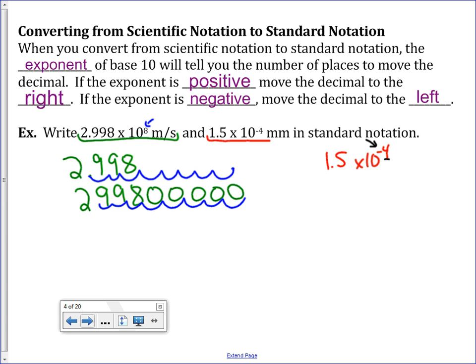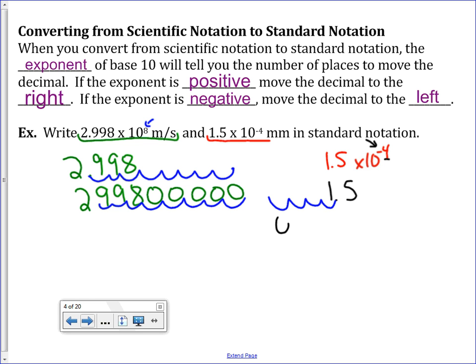And the number itself tells us that we'll have to move that decimal place 4 places. So we'll take our 1.5 and we'll move it 4 places to the left. So move it 1, 2, 3, 4, and those places now in front of the 1, we will fill in with zeros.